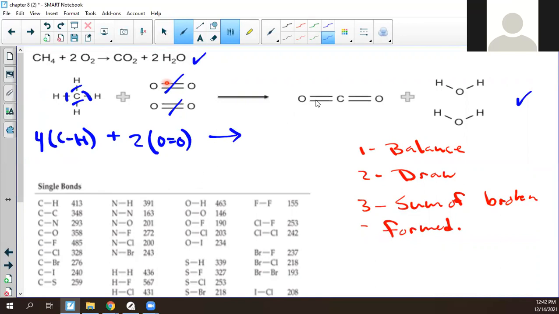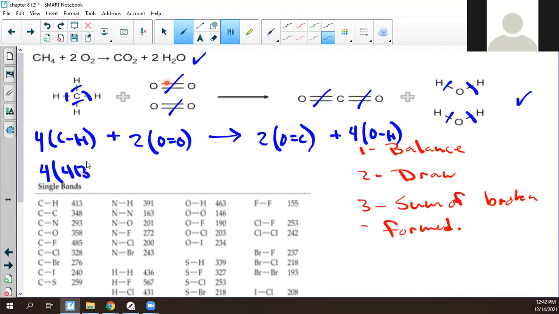And then again, there's 2 C double bond O, plus 1, 2, 3, 4 O to H. And then substitute in. So I have 4 times 413, and I got that just right here. And then this chart is lowered.